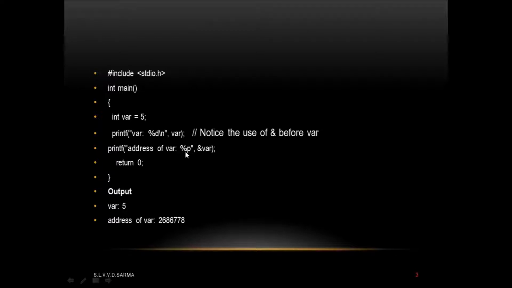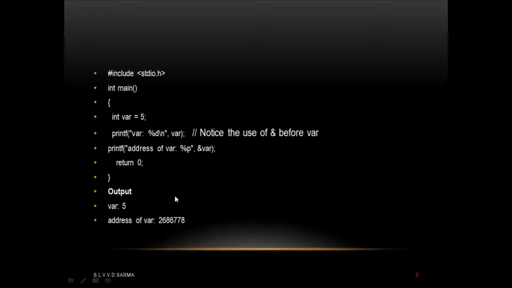You can use %u, or if you want to print the value in hexadecimal format, use %x, or directly use the format specifier %p. So for VAR, we get the output 5. For the address of VAR, we get some number.